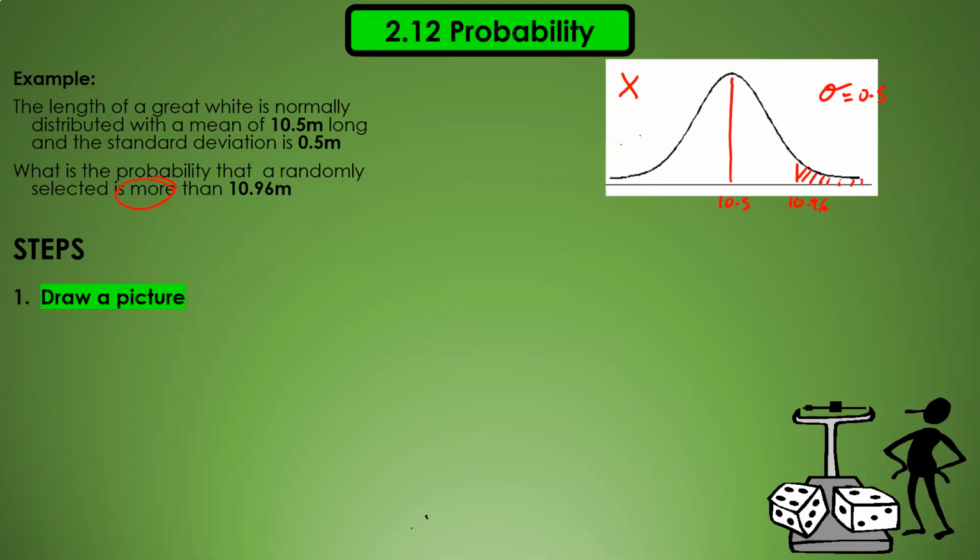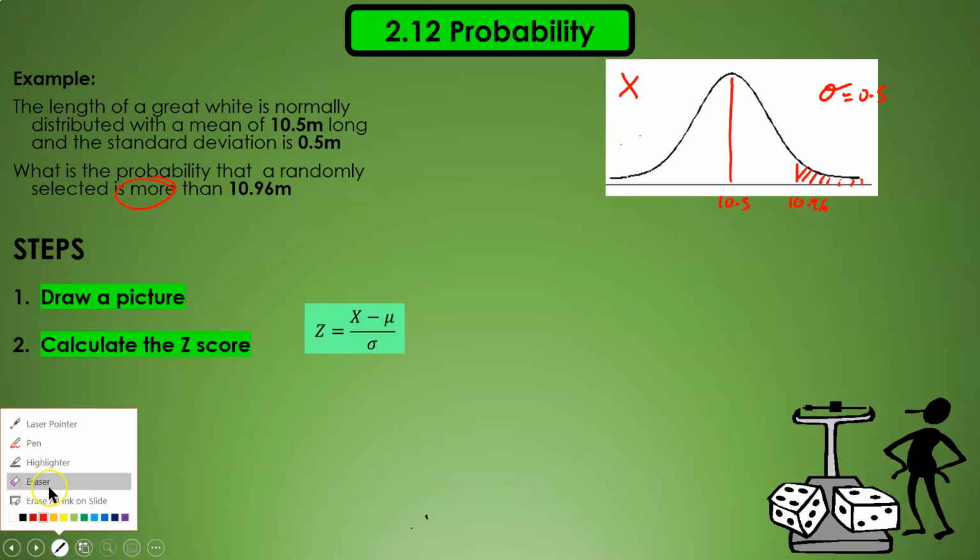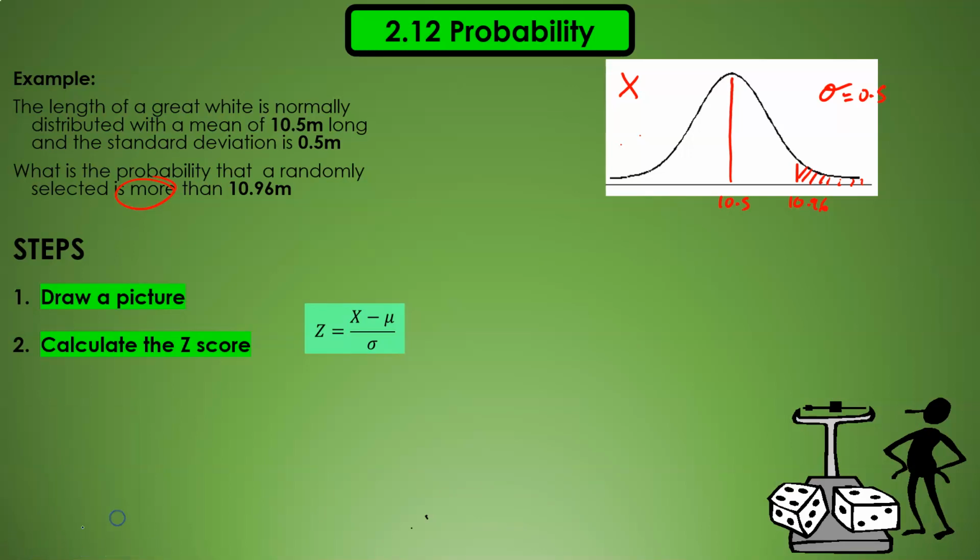So step 2 is we need to calculate the Z score, and here's our formula again. Using that calculation, we end up with Z equal to 0.92 of the standard deviation.